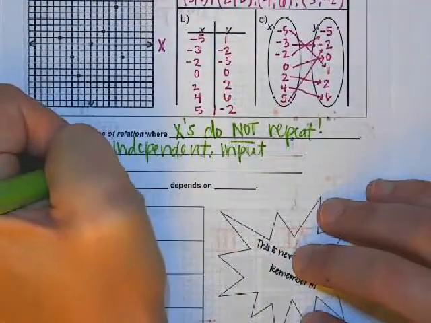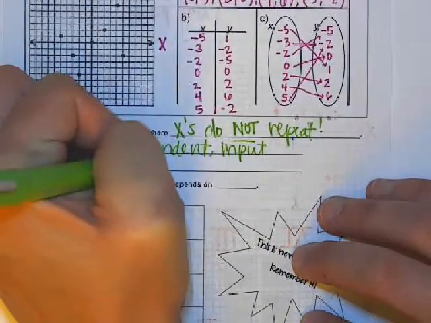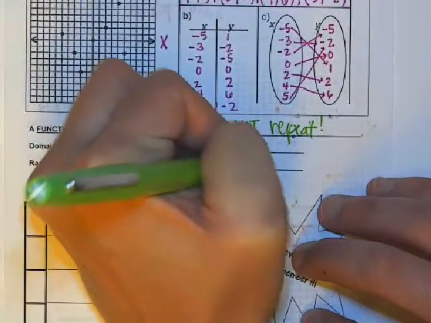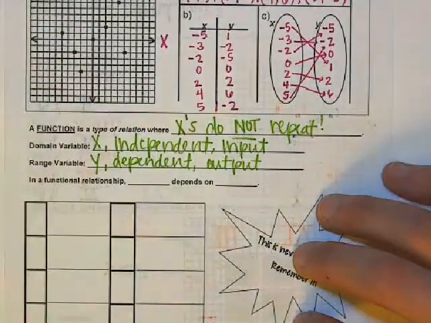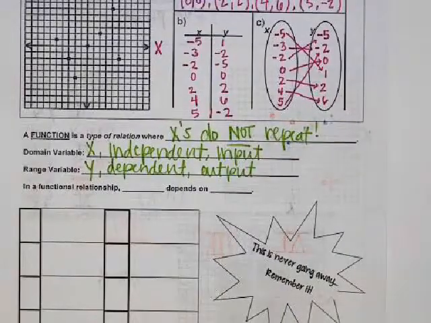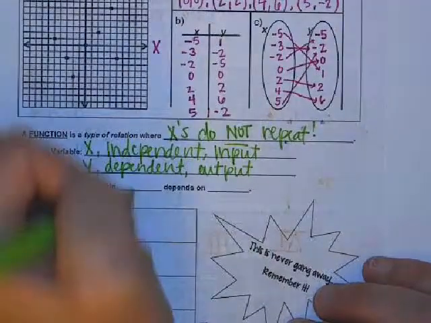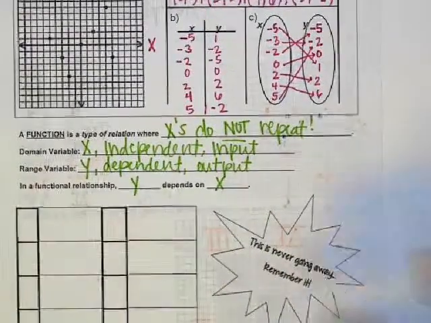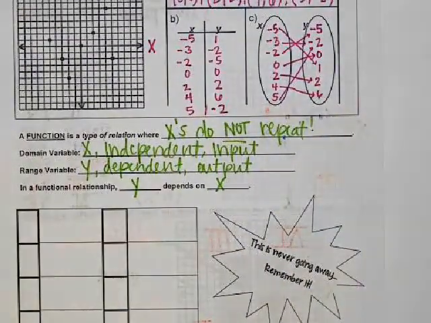Your dependent. And your output. They're all just basically opposite of each other. Basically, yes. In a functional relationship, y depends on x. Okay. Now, your domain and range.